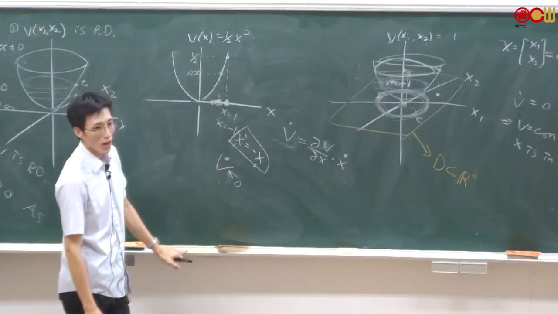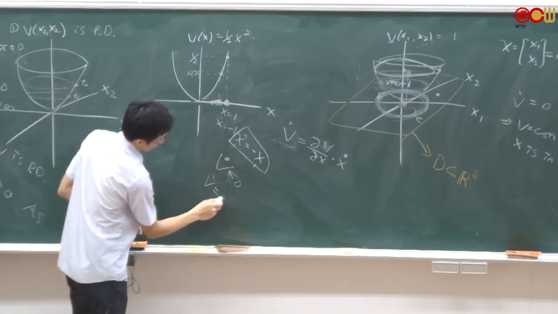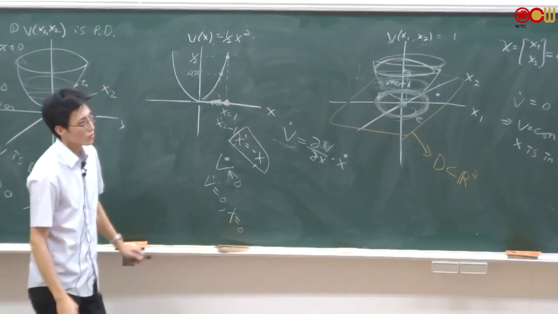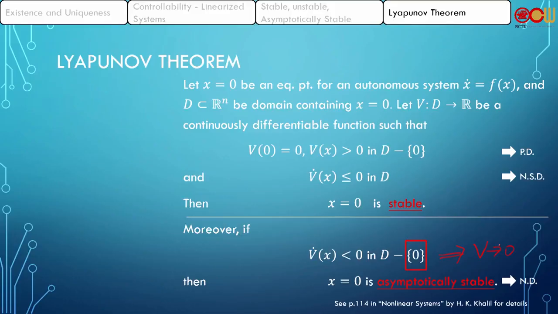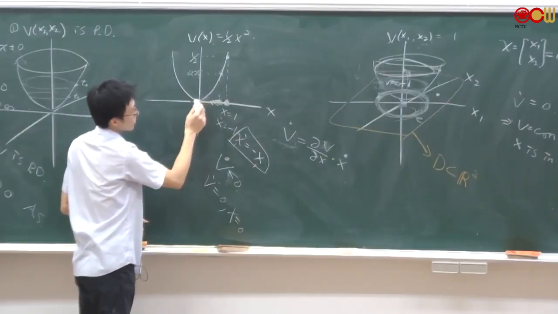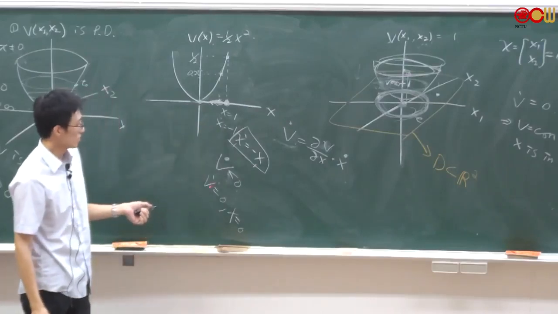When does it equal 0? That's why we excluded 0 on the previous slide. The reason we exclude 0 here is because at the origin, the gradient of this function is 0. The slope is 0. So that means your v dot will be 0.